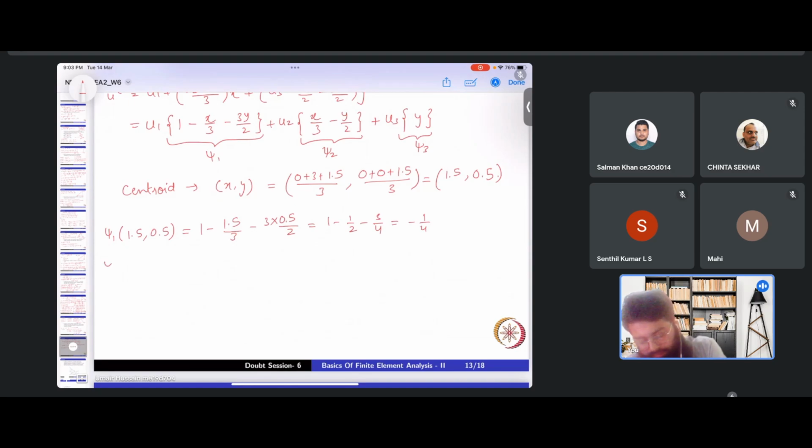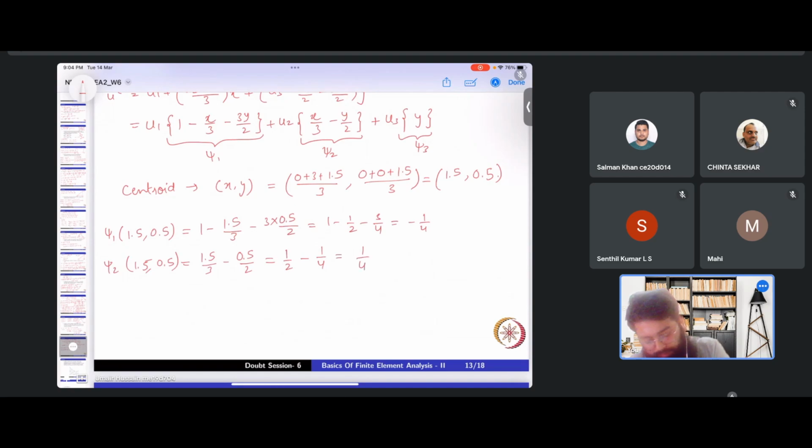Please check if this is correct. Psi 2 at 1.5, 0.5 is x by 3 minus y by 2. So 1.5 by 3 minus 0.5 by 2. So that's half minus 1 by 4.